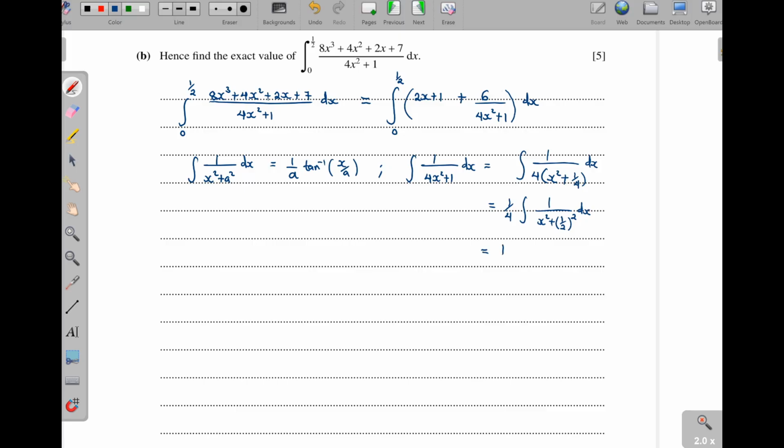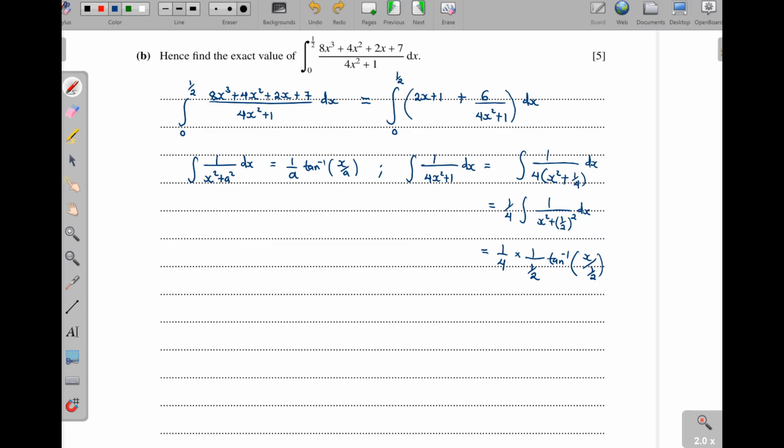Don't you think there is a quarter here, then times, our a is this a half. So that means we shall have 1 over a half, just like what is here. Then the arctan of x divided by your a, which is a half. You see that?